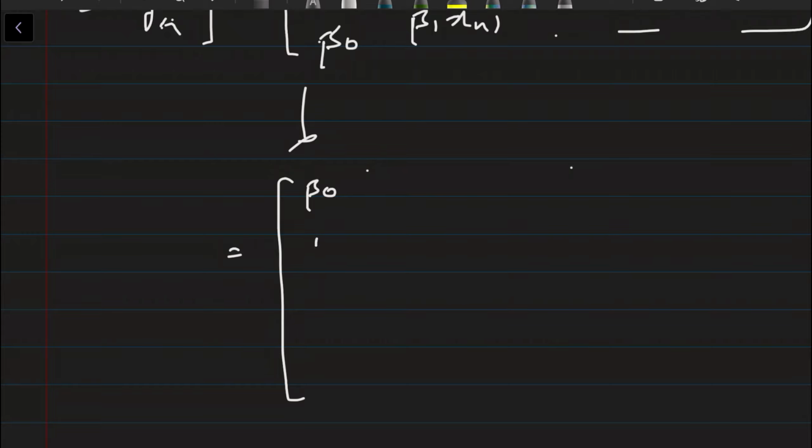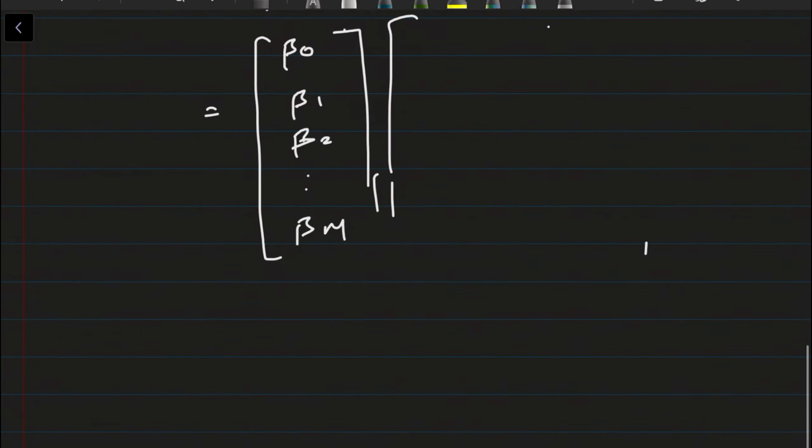beta naught, beta 1, beta 2 and so on up to beta n, into 1, 1 and so on, 1 into x11, x12 and so on up to x1m.